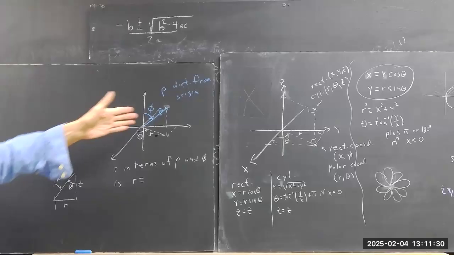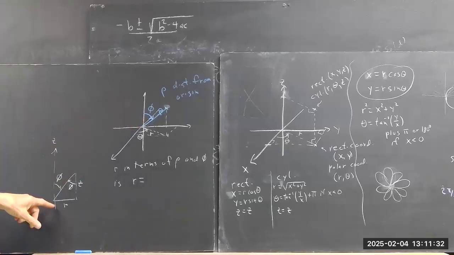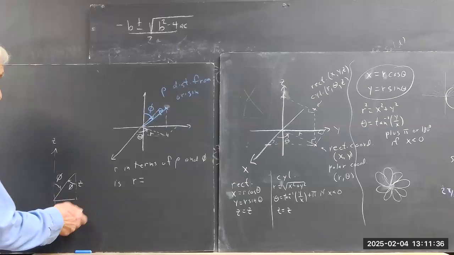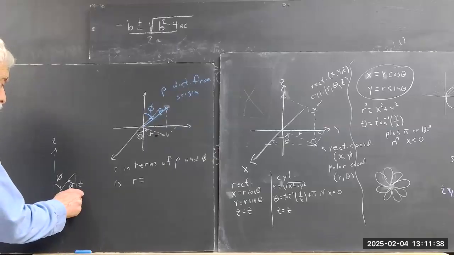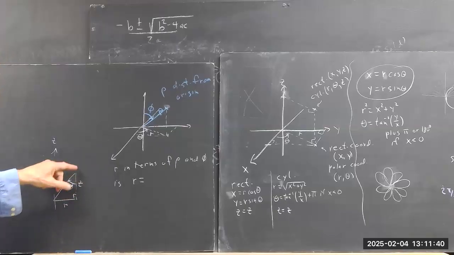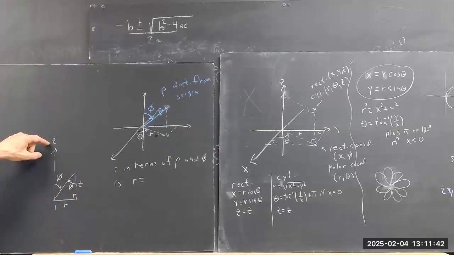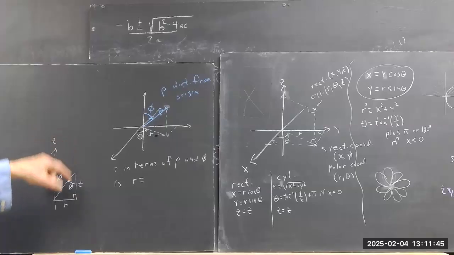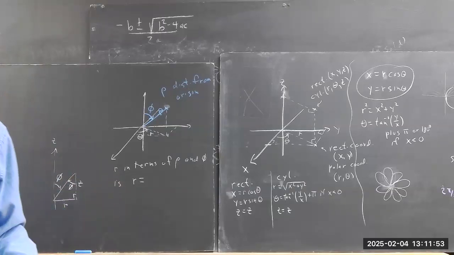You're looking at it from this angle. Here's your R, and there's your right angle, and there's your Z coordinate, and here's your Z-axis. This projection segment is parallel to this, so this angle is an alternate interior angle with this angle. Therefore, they're equal.